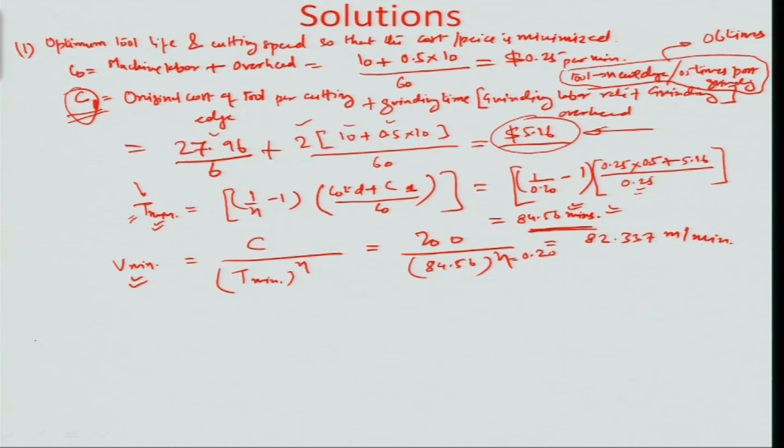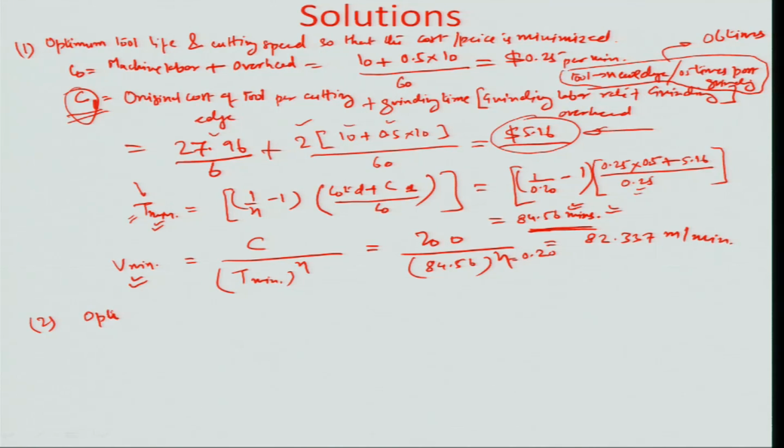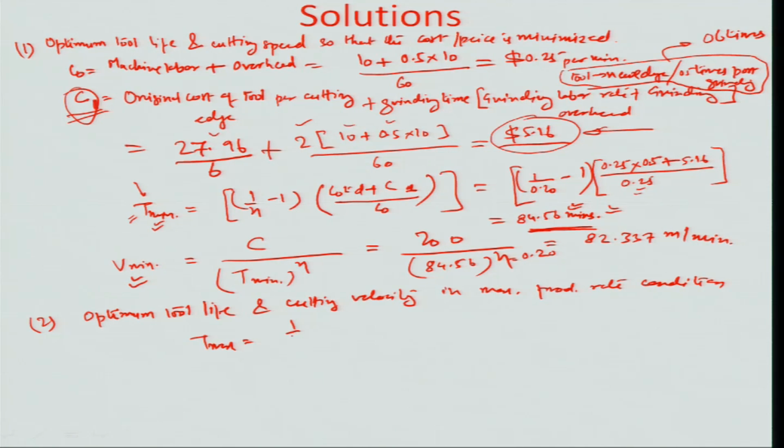and the optimum tool life and cutting speed, again to maximize the production rate, would be done in an identical manner, where we can find out the optimum tool life and cutting velocity in the maximum production rate condition as T max equals 1 by n minus 1 times Td.